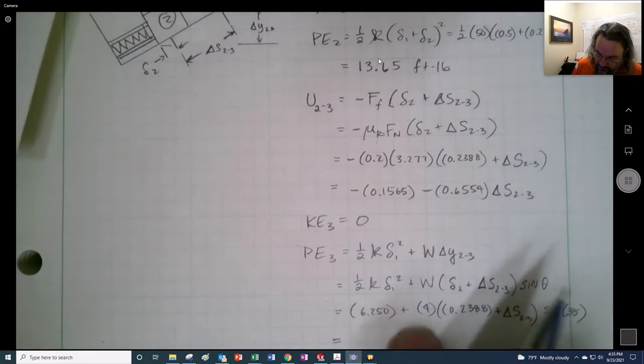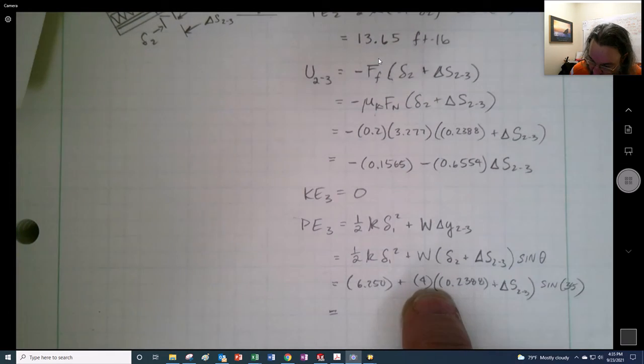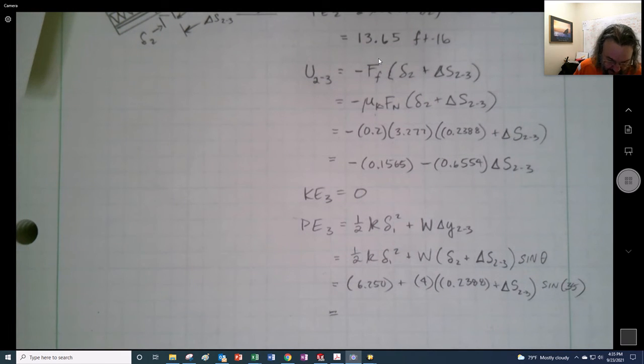Alright, so we're going to have some constants, so I'm going to put those together. It's going to be 4 times 0.2388 times the sine of 35, and we're going to add that to 6.25. Boom.